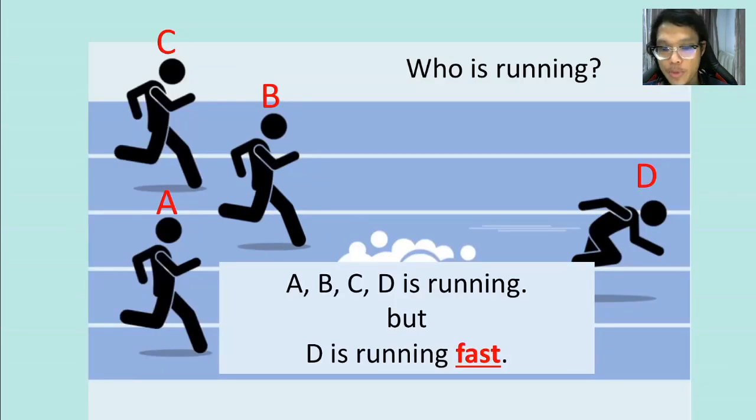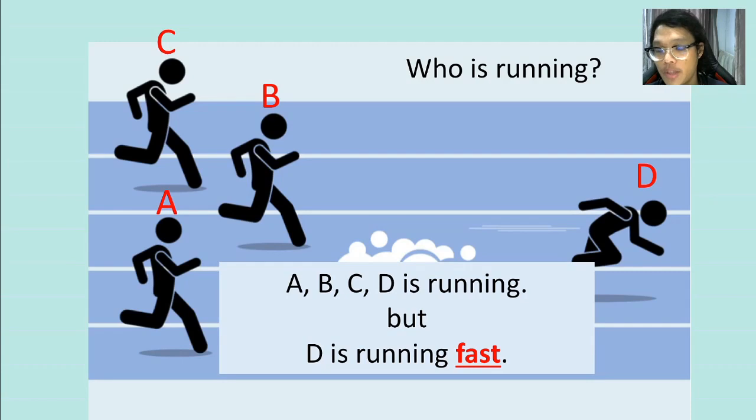So in this case, we can create a sentence like "They is running fast" to clarify, to explain, to give more details about how the action is done. So the word fast here is an adverb.